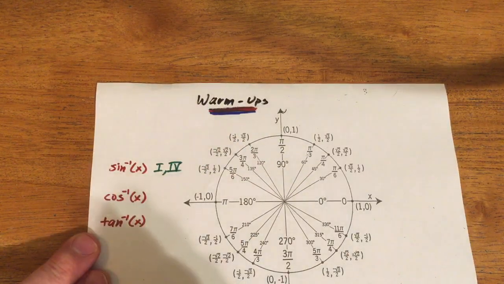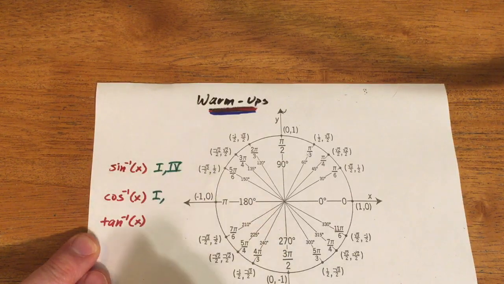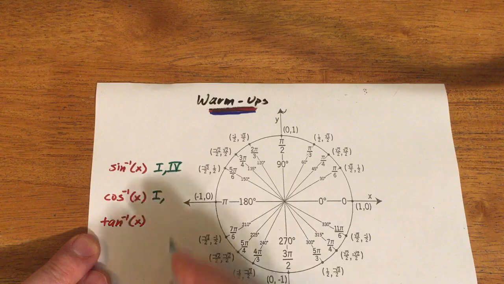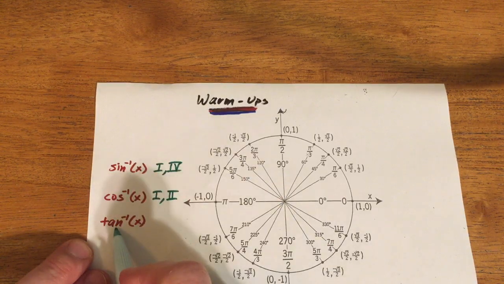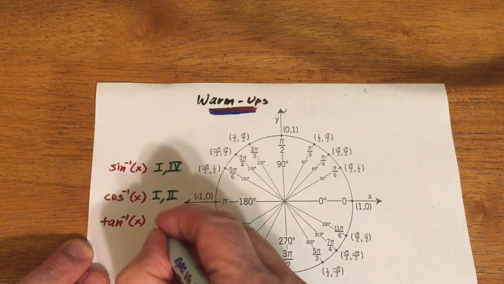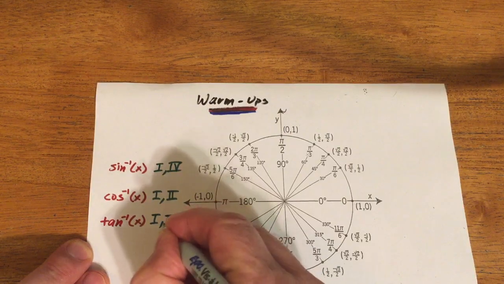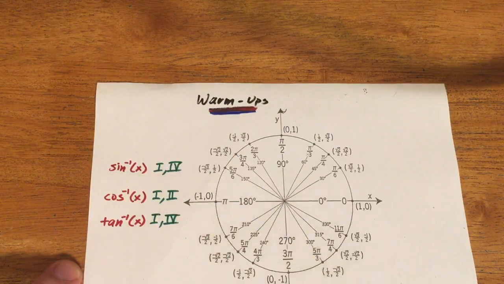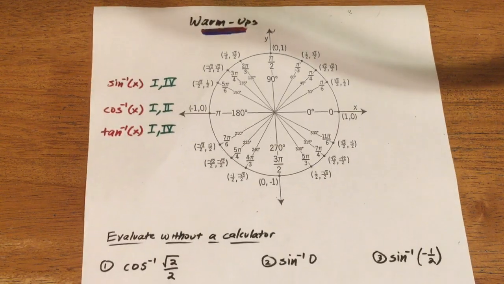For cosine inverse, our answer is going to be in either quadrant 1 or quadrant what? 2. And then for tan inverse, it's going to be the same as sine inverse, quadrant 1 and quadrant 4. So, keeping that in mind, let's go ahead and look at these three problems.